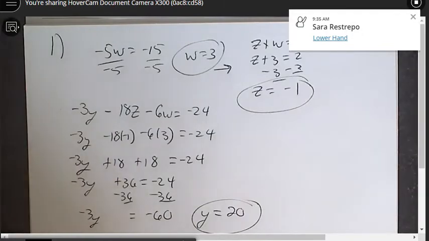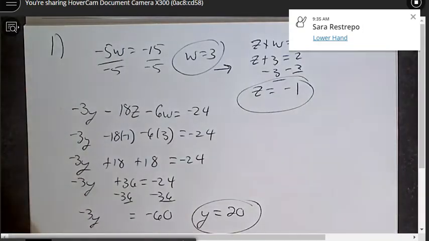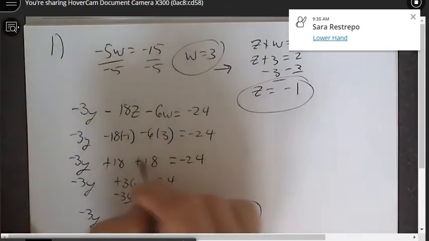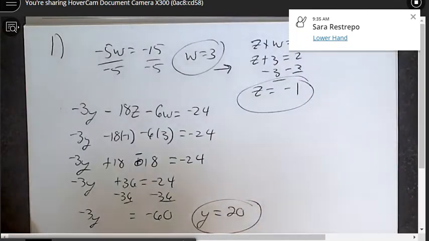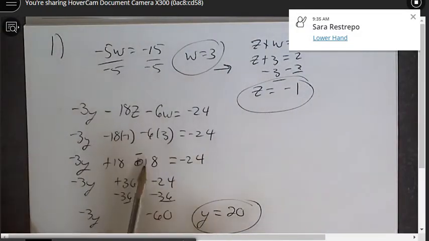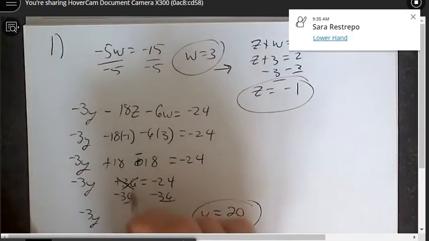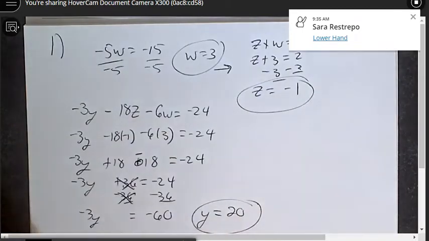Sarah, question? No, actually, I think it should be negative 18. Oh, you are correct. Yes, right there. Negative 3. Yeah, so negative 6 times 3 would be a negative 18. Yep, you are correct. So that would actually be 0. Thank you for catching that.